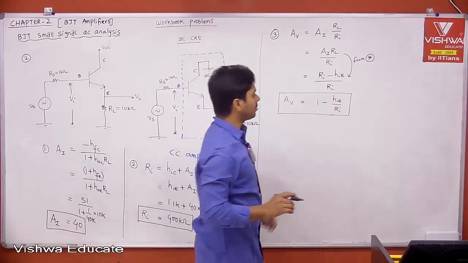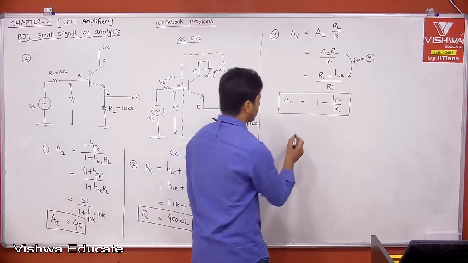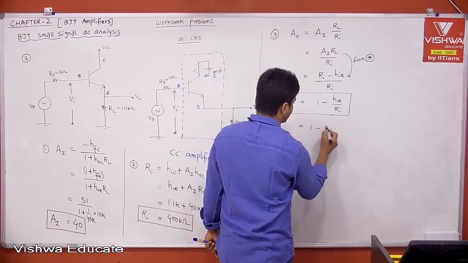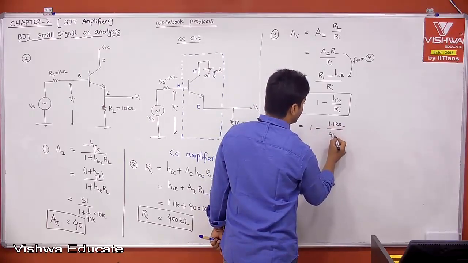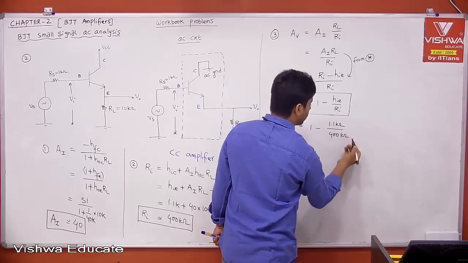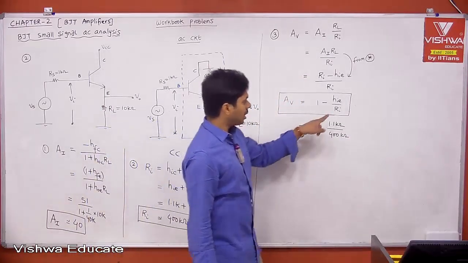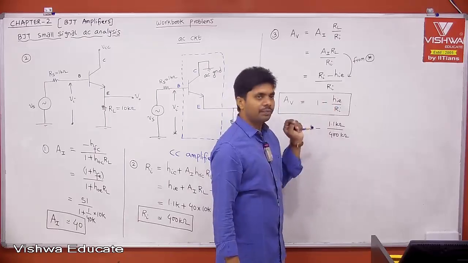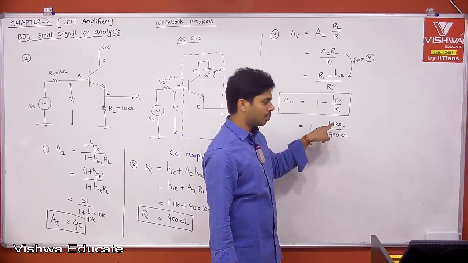What is the HIE value? Your HIE value is 1.1K, and what is the Ri value? Now you can substitute. Therefore, 1 minus HIE, which is 1.1 kilo ohm, over Ri, which is 400 kilo ohm. It will give you some feel: your Ri is very much greater than HIE. 400 kilo ohm is very much greater than 1.1 kilo ohm.